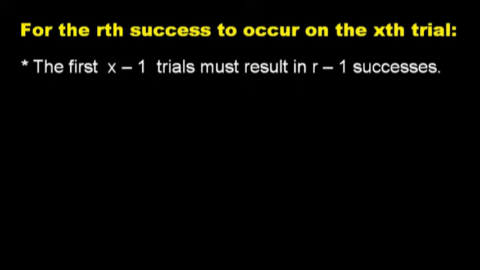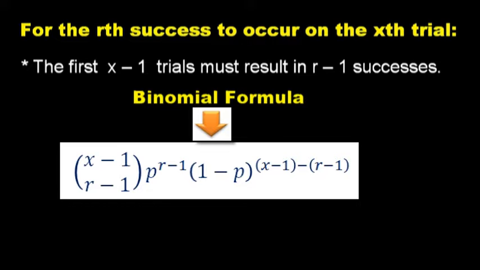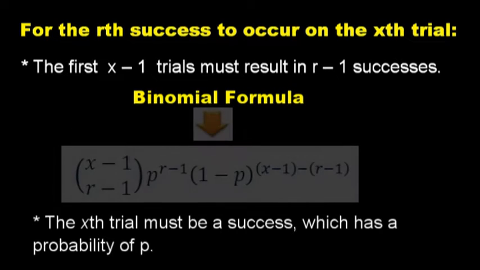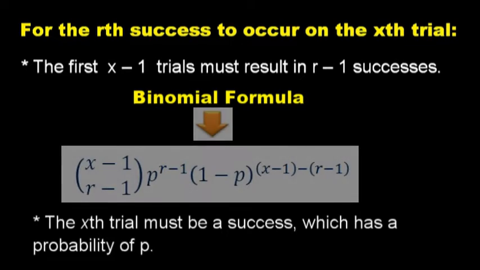First of all, in the first x minus 1 trials, we're going to need to have r minus 1 successes. And we can calculate the probability of that using the binomial formula. And this is just the binomial formula here. But we also need the x trial to be a success, and that has a probability of p.